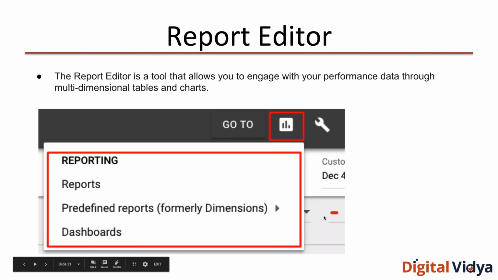Where do you find report editor? You click on this graph icon in your AdWords interface. Till now you used to click on this tool icon. Before that there is a graph. Have you seen that?